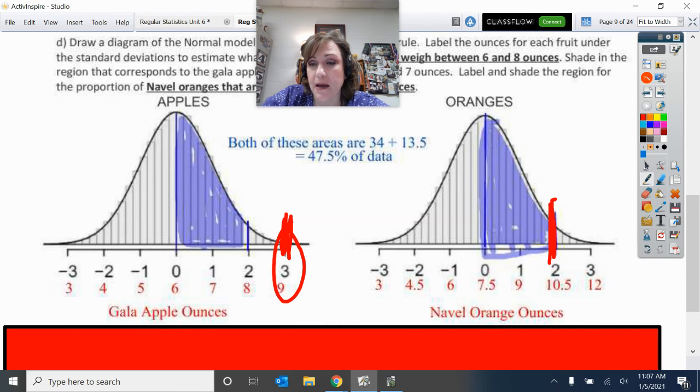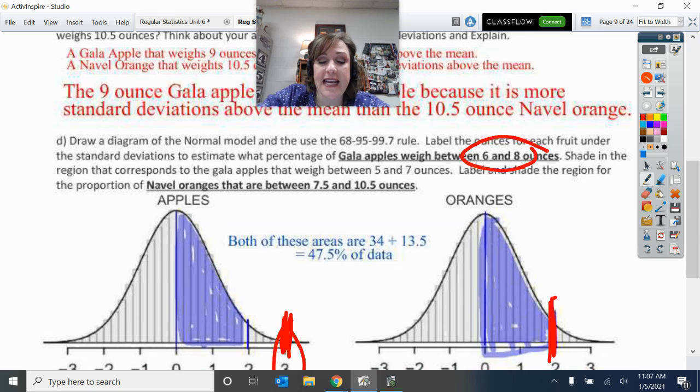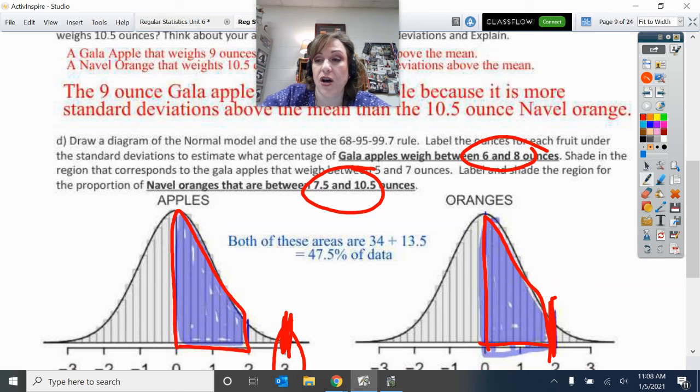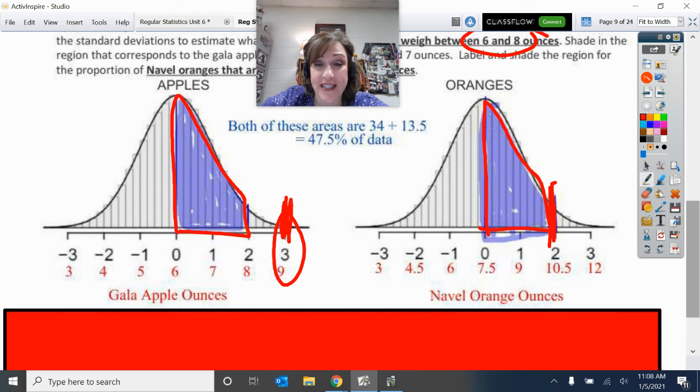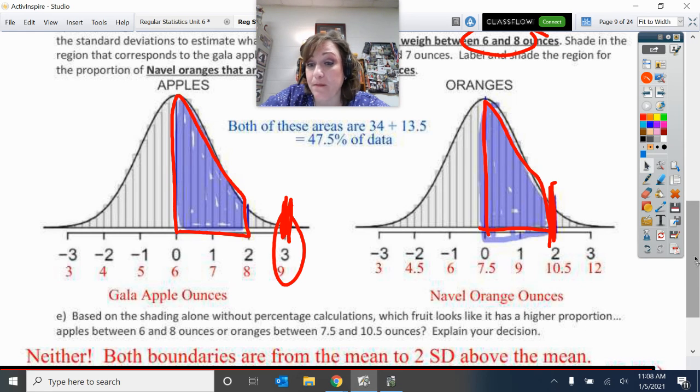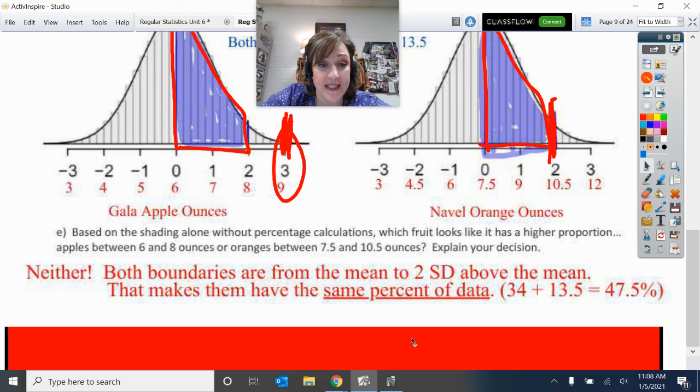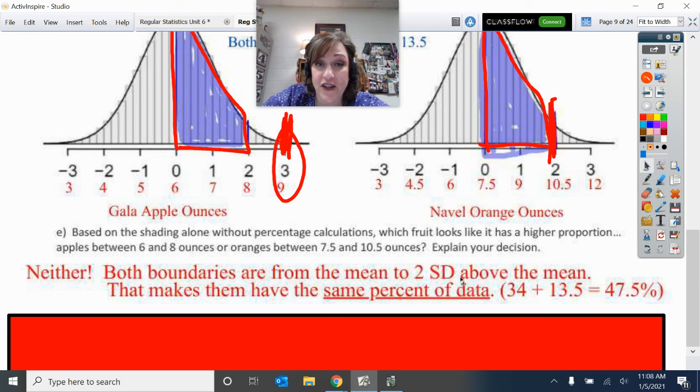But this question asked about shading in 6 to 8 ounces on the apples, and then 7.5 to 10.5 ounces on the oranges. Well, I can tell those are the same sized area. So that tells me that the probabilities of those events are going to be the same. They would have the same size area, so they're going to have the same probability. I could compute that if I wanted to. It didn't ask me to, but there you go. They would be the same.